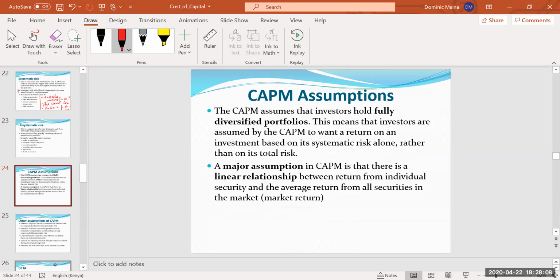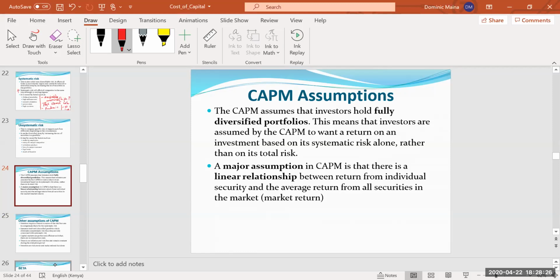The next assumption we are making is that the investors hold what we call a diversified portfolio. For example, this portfolio has at least 16 equity shares, or 16 assets.